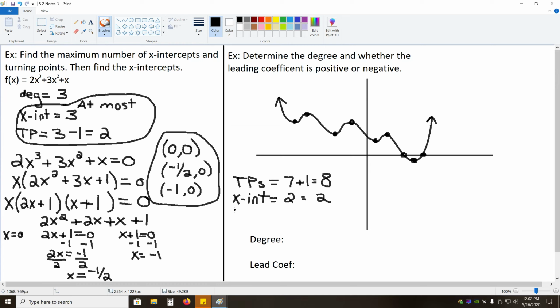And now finally from here, both of the arrows go upward. That means the degree has to be even because they are both going in the same direction. The degree has to be even. So what does that tell us about the degree? It is a minimum of 8 and it is even.